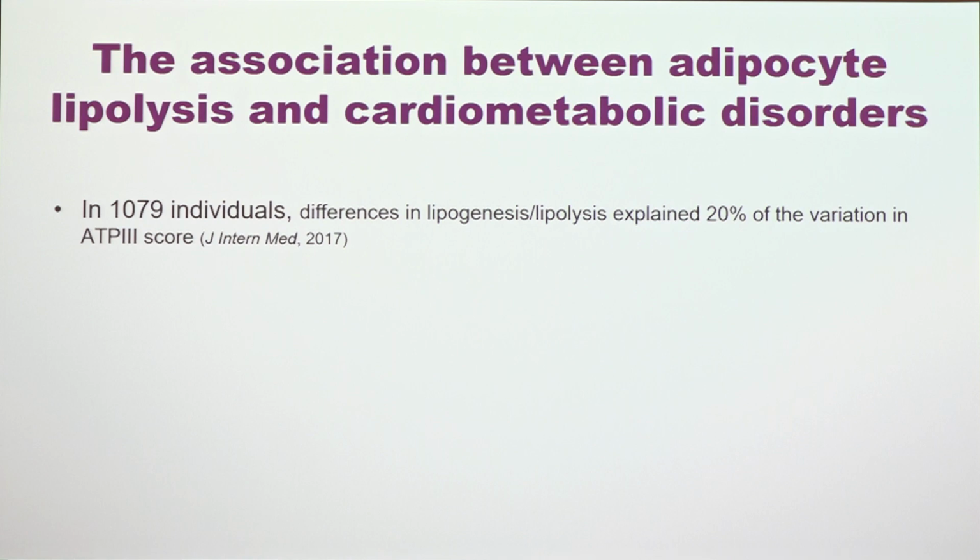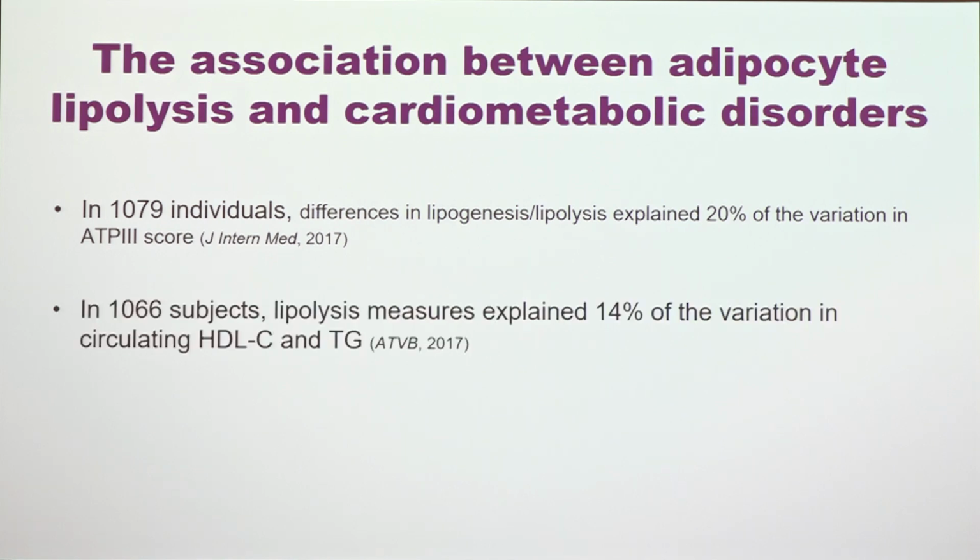So no matter what you corrected for, the differences in adipose tissue function explain one fifth of the variation in your metabolic risk. Similarly, in 1,000 subjects, we also showed that the lipolysis measured explained 14% of the variation in the circulating HDL cholesterol and triglycerides.